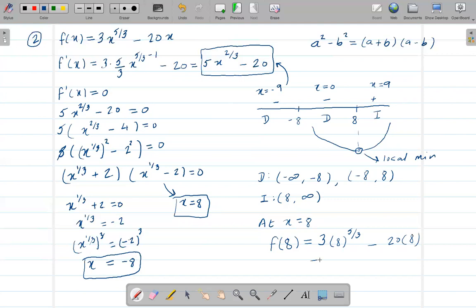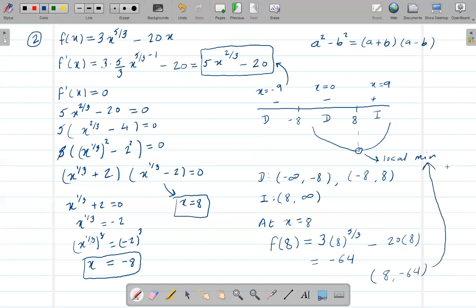When you put this in a calculator, you will get negative 64. So the local minimum point is 8 comma negative 64.